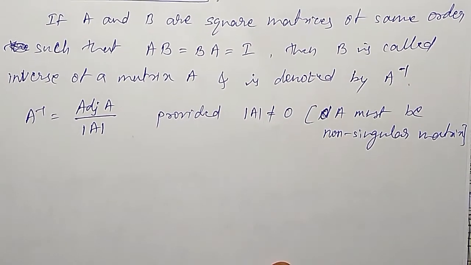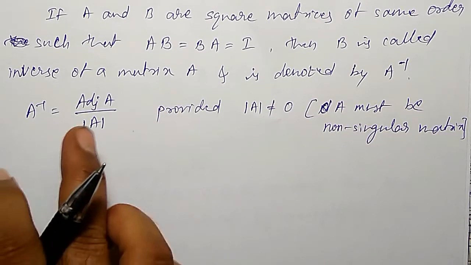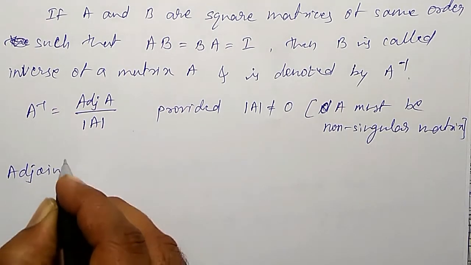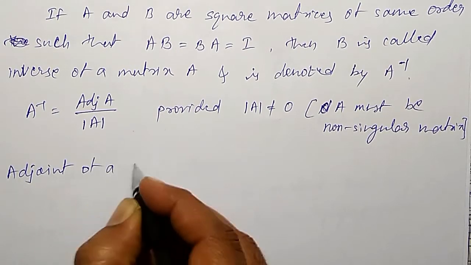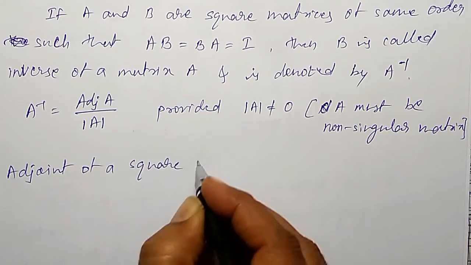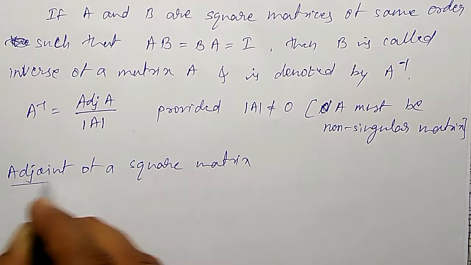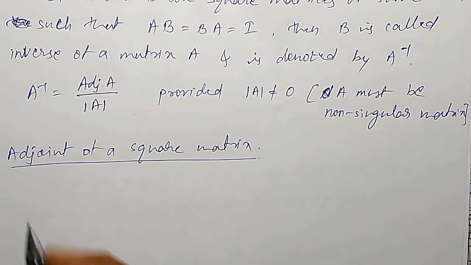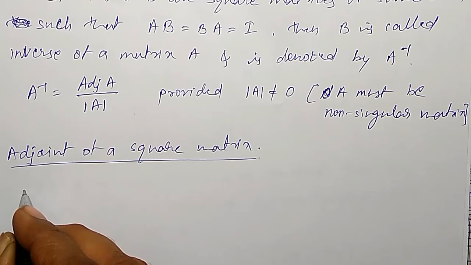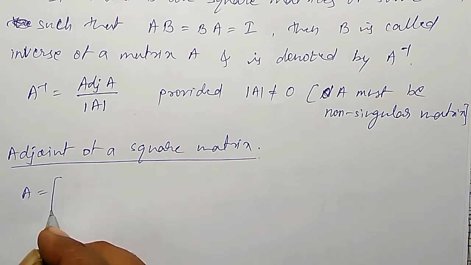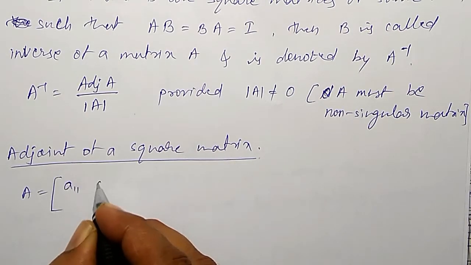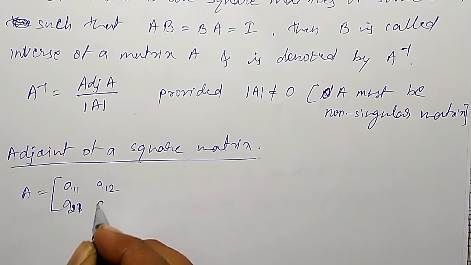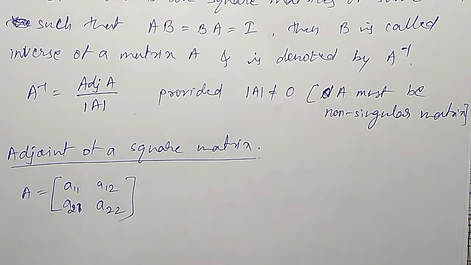Then here, how to find the adjoint? Adjoint of a square matrix. To find the adjoint of a square matrix, say for example, let me call matrix A equal to a 2 cross 2 matrix first, A11, A12, A21, A22.